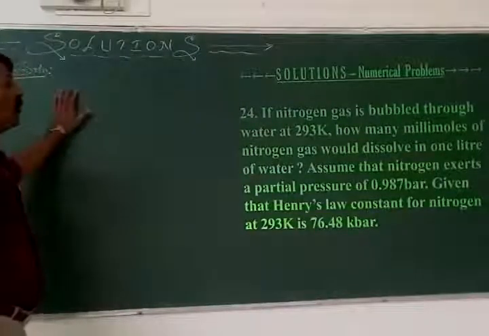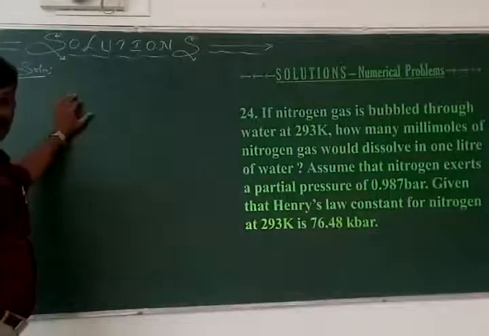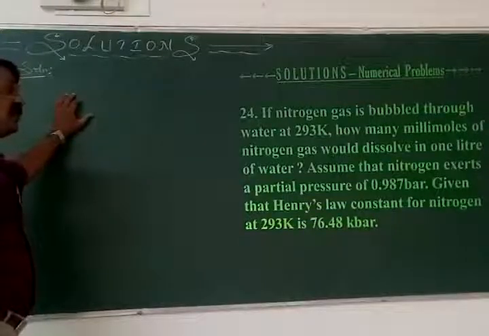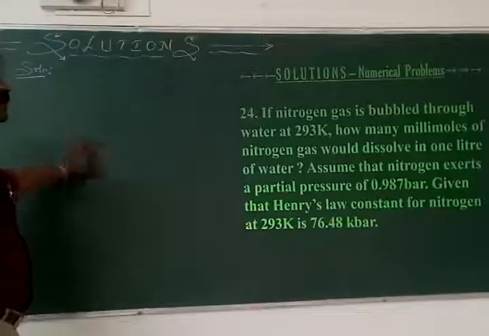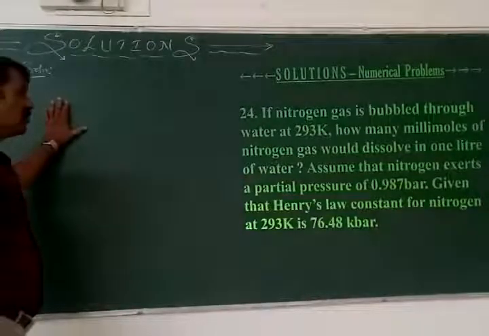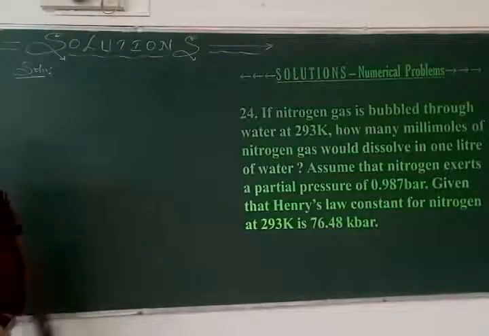How many millimoles of nitrogen gas would dissolve in 1 liter of water? Assume that the nitrogen exerts a partial pressure of 0.987 bar. Given the Henry's law constant for nitrogen is 76.48 kilobars.